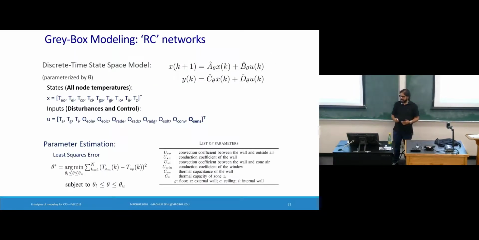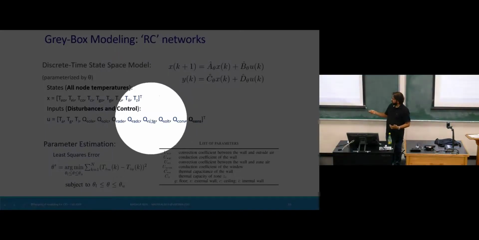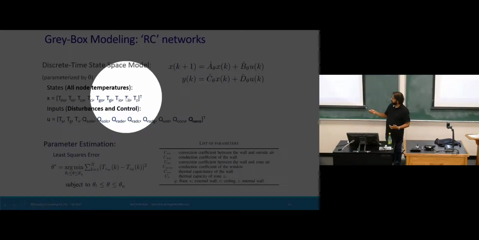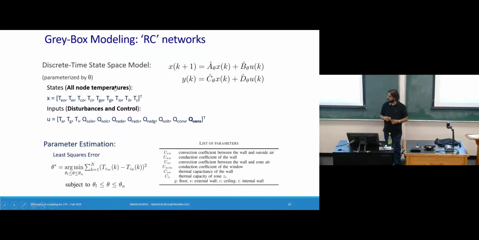And so, this will have a lot of states, which are these different temperatures of different surfaces of the walls, for instance. It will have a lot of inputs, which are what is the temperature outside, what is the temperature of the floor above or the room below us, if there is any, how much sunlight is coming into the room.